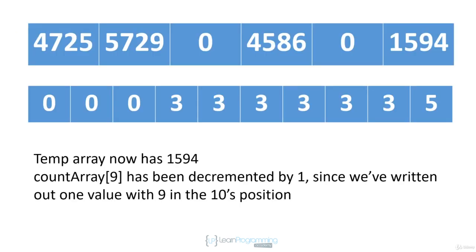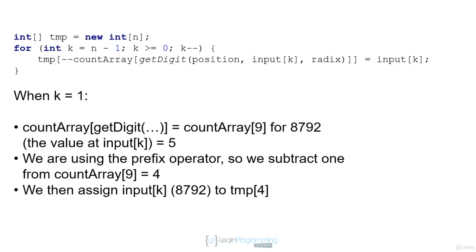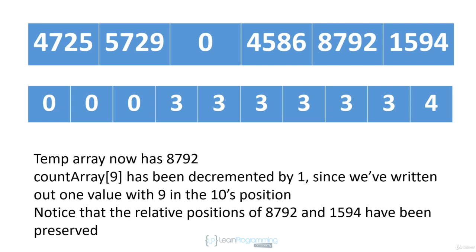And so the rightmost value with 9 is being written in the rightmost position for values that have 9 in the tens position. K will be 1, we'll handle 8792. We decrement count array 9 to 4, and we assign 8792 to temp 4.